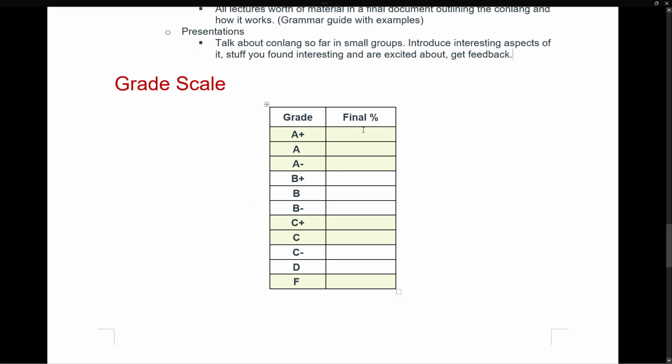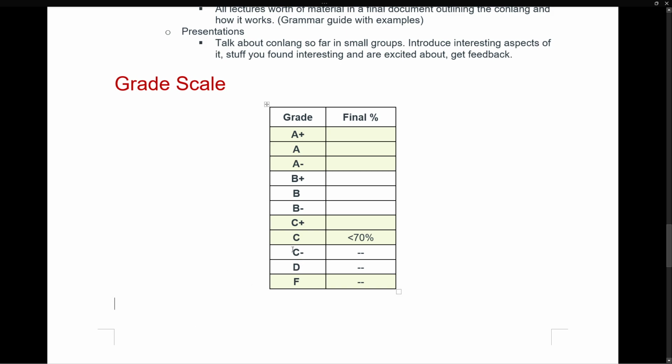Now, my department is pretty strict with grades, which means that an A plus is usually around the 96-97% range, and then there's like a 4% change there. I do something pretty interesting in my classes, which is for anything under 70%, I give a C, and I don't like to give C minuses, D's, or F's.